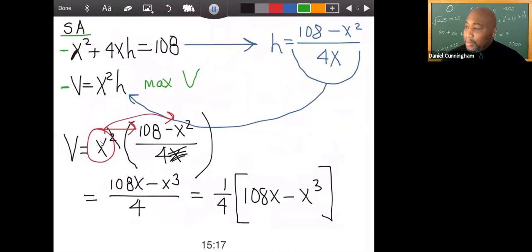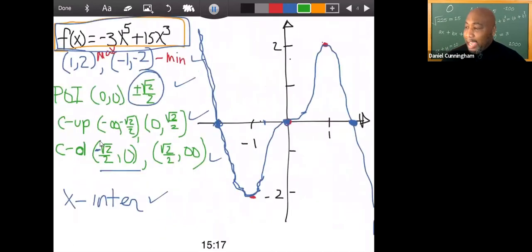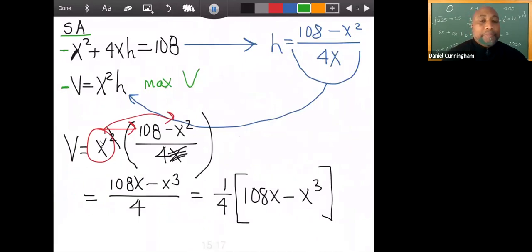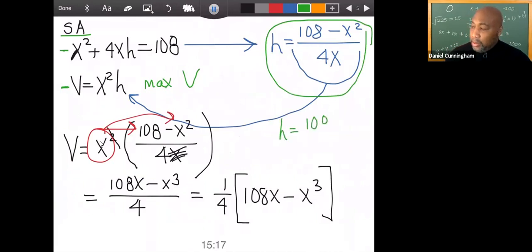Now, we're not done because the box had a height as well as a length. To find our h, we're going to go back to our original equation up here, the one I solved for h. And then h will equal 108 minus 6 squared, which is 36, divided by 4 times 6. 4 times 6 is 24.